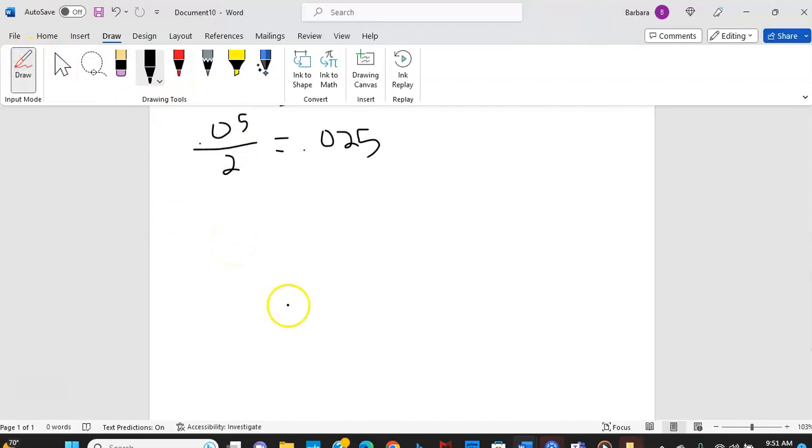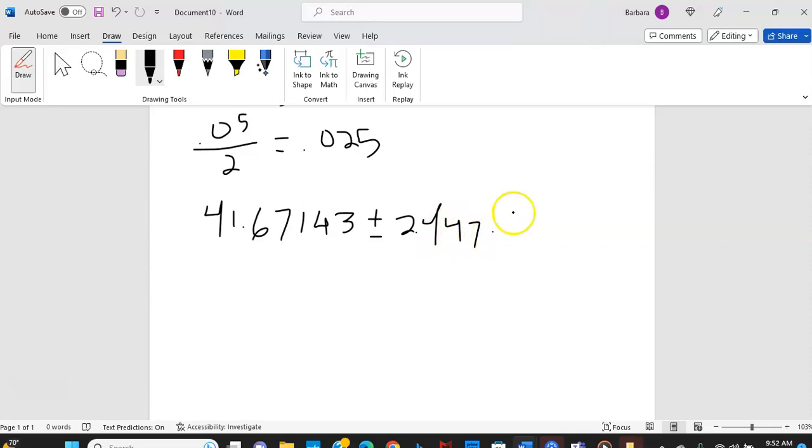All right, so now we will have 41.67143 plus and minus 2.447 times 13.32188 over the square root of 7.